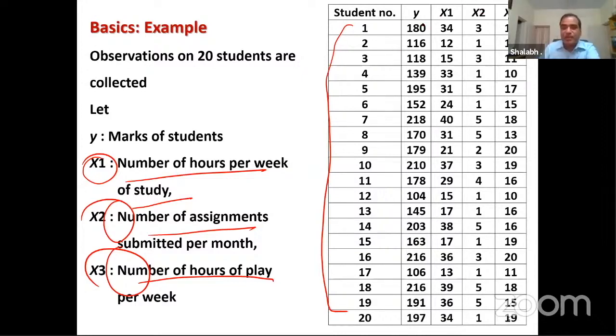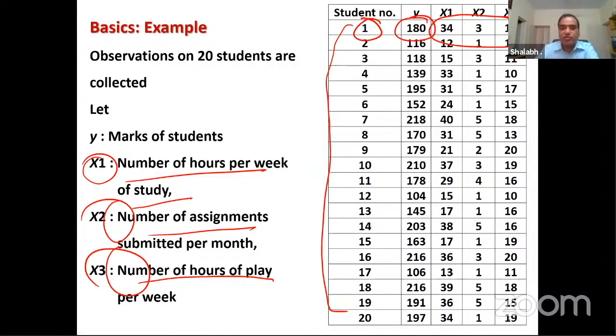So I take the first student and ask how many hours you studied, how many assignments you submitted, and how many hours you played. This is the information I collect, along with how many marks the student has got.